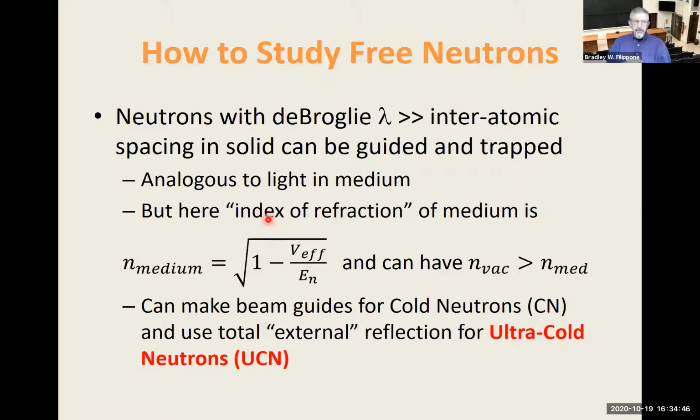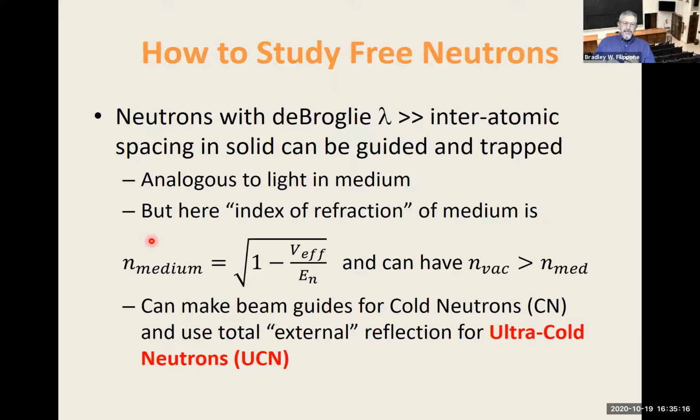And if the interactions of the neutron with the medium have the right sign and are the right magnitude, it's kind of like a mean field. The neutron sees many nuclei simultaneously. And so it acts kind of like an index of refraction for light. In particular, since that effective potential that the neutron sees as it comes towards the surface, as I'll mention in a bit, can be either positive or negative, you can have the medium have a smaller index of refraction than the vacuum.